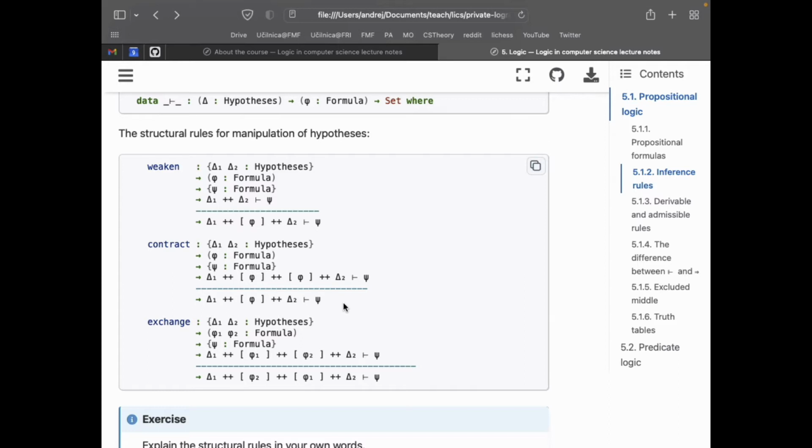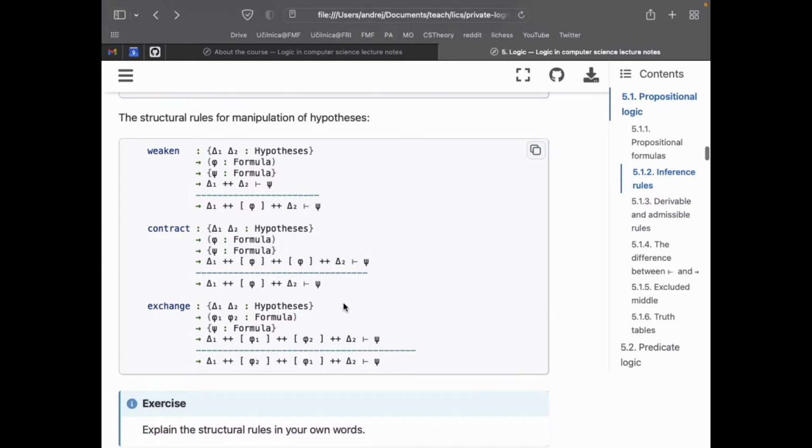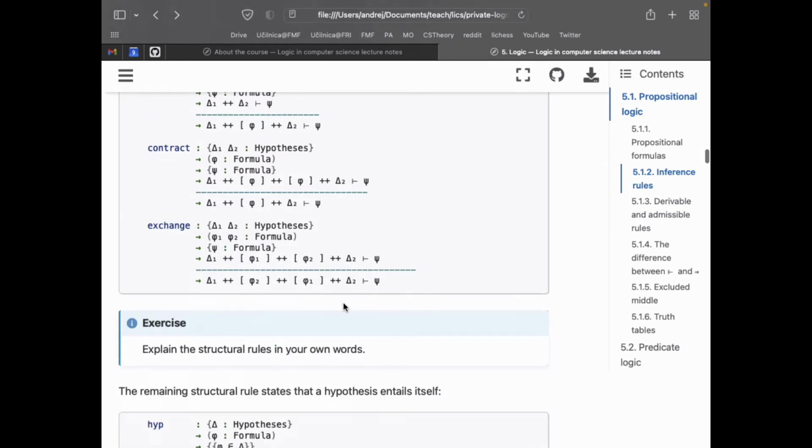The one that I'm showing you here is not designed well. It's written this way for educational purposes to explain contraction and exchange. But really for the meta-theoretical study, I wouldn't want to have these. I would want to show later that I can get them anyway, because it's good to have a small set of rules, not a large set of rules.